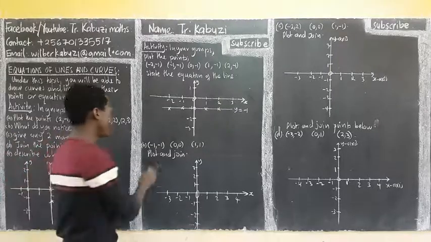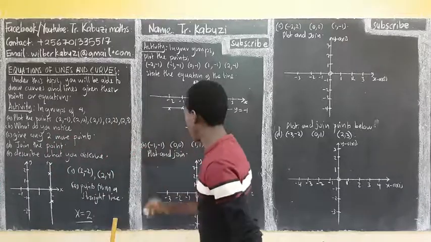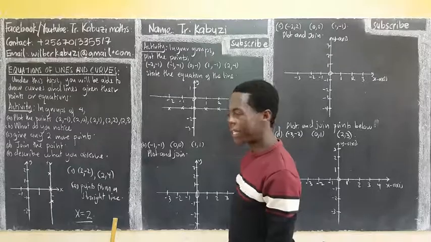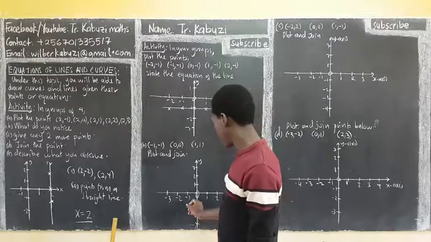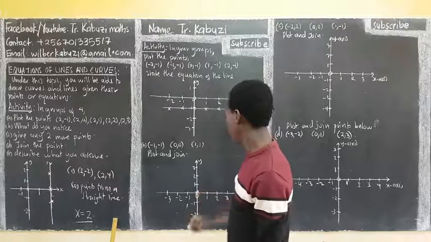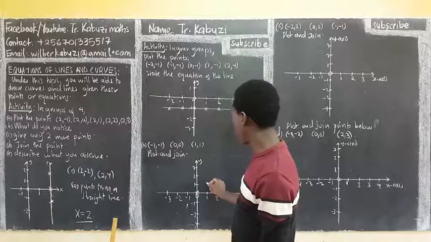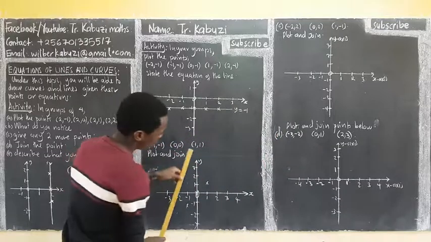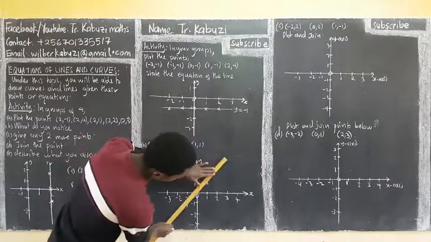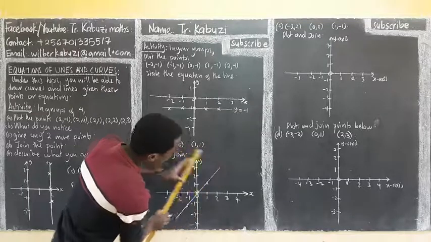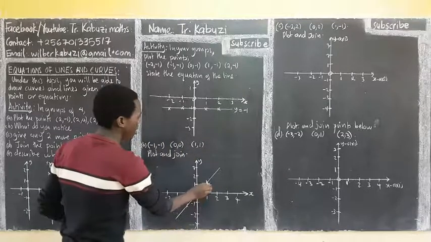Can we join this one? We have (-1, 1). I think now plotting is the easiest, which is here. Then we have (0, 0), which is the origin. Then (1, -1). We join. These ones are just plot and join.